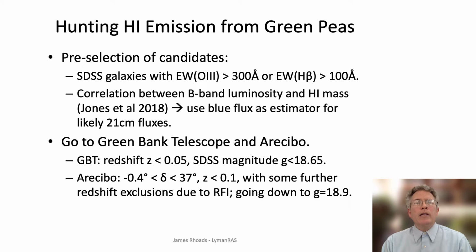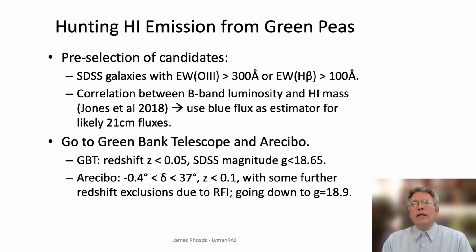For Green Bank, we have coverage of the full northern sky, but a somewhat less sensitive telescope relative to Arecibo. Arecibo had access to basically a stripe of declination from minus 0.4 to 37 degrees. In both cases, we put an upper bound on the redshift, somewhat higher with Arecibo given the larger collecting area, and we had to do some other selections to avoid radio frequency interference with the Arecibo sample.